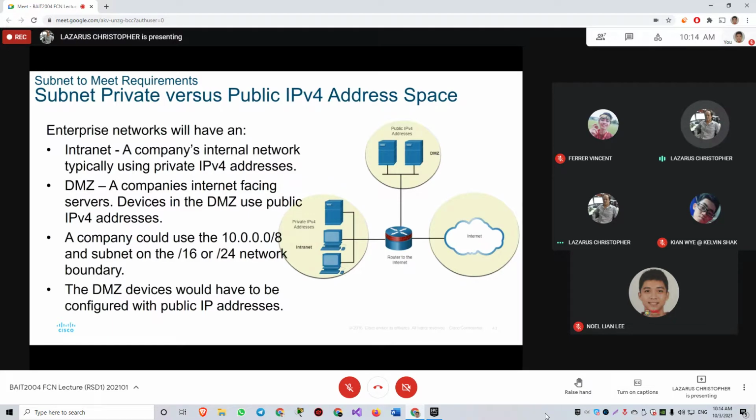Because when you subnet, you're dividing the network, but then all the subnets are still public IPv4 addresses. You're separating networks, but they're all public IPv4 addresses, so I don't see that you have a need to do that.